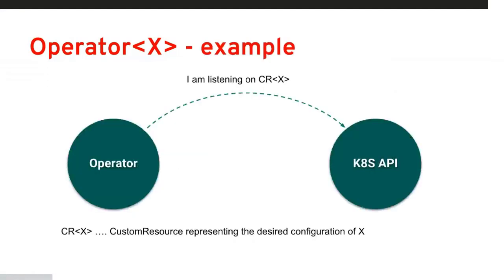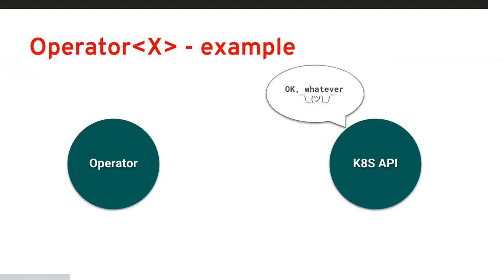There is a very simple example, because at the end it's a machine learning special interest group, so people might not know about operators. At first, the operator has to register itself. It has to say to the Kubernetes API, hey, I'm here, I'm listening for custom resources of type X. Okay, the Kubernetes server registered the request.